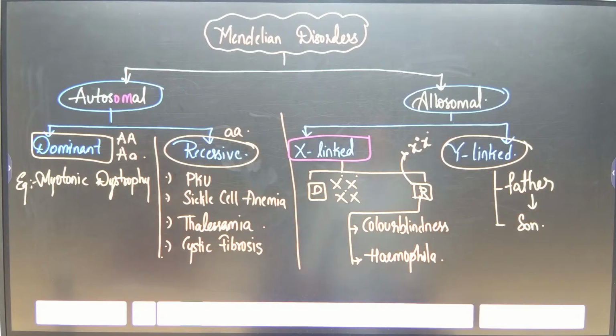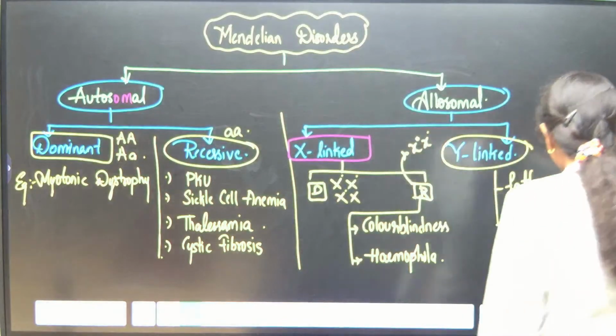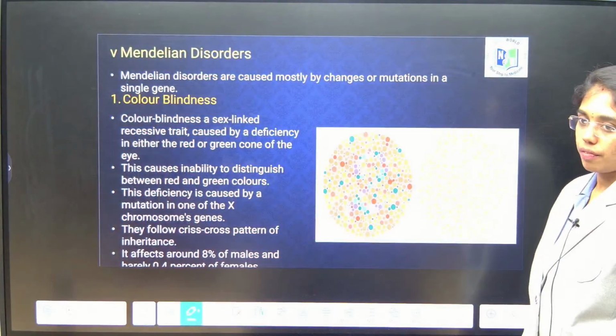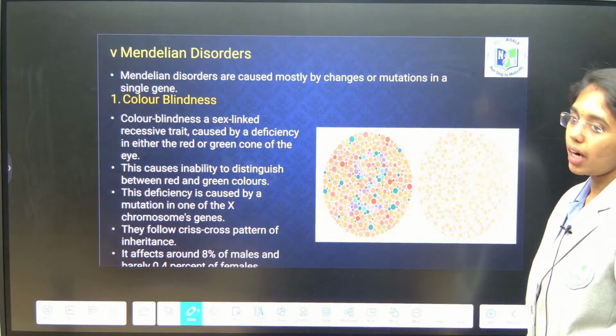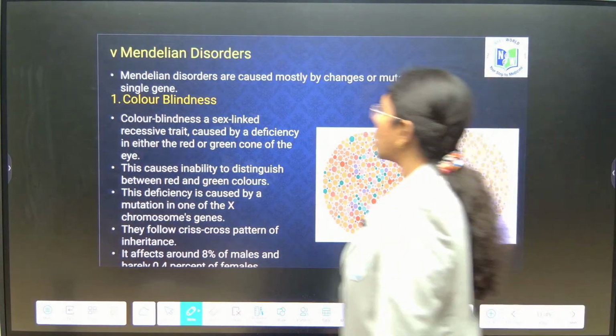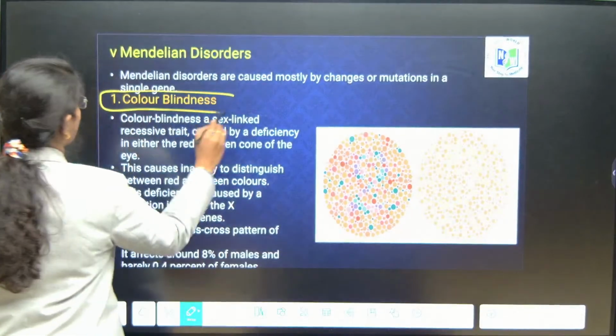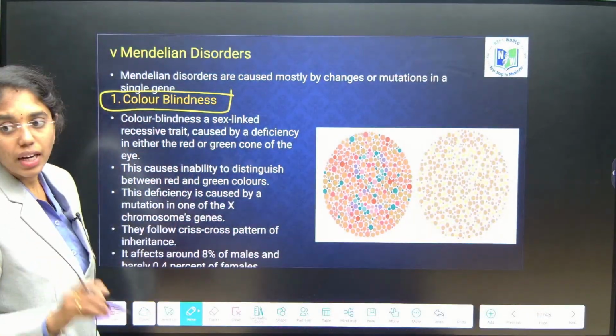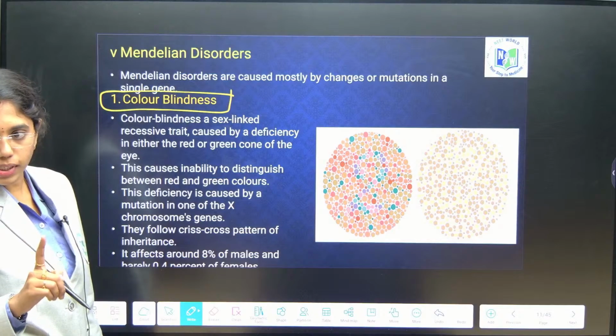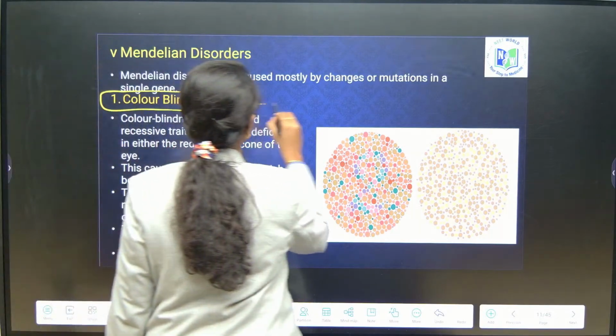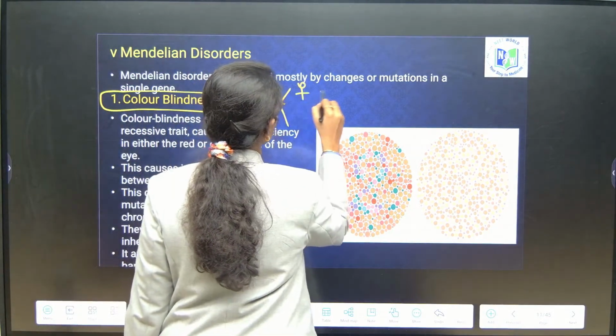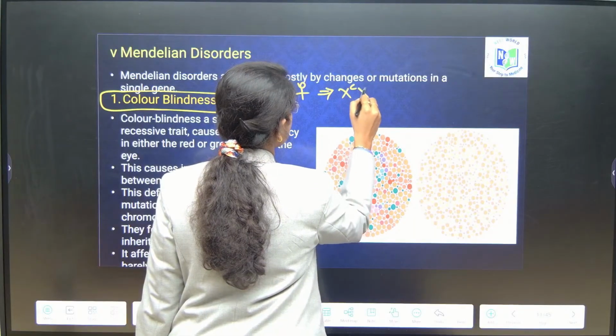Good. Now we will look into each pattern of disease in detail. First, color blindness, an X-linked recessive disorder. As the name itself says, X-linked recessive, it is expressed only in the homozygous condition. If it is expressed in females, it should be in homozygous recessive condition.